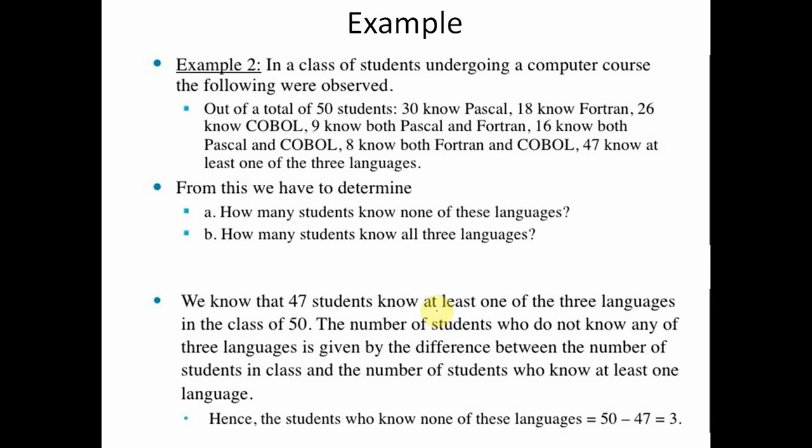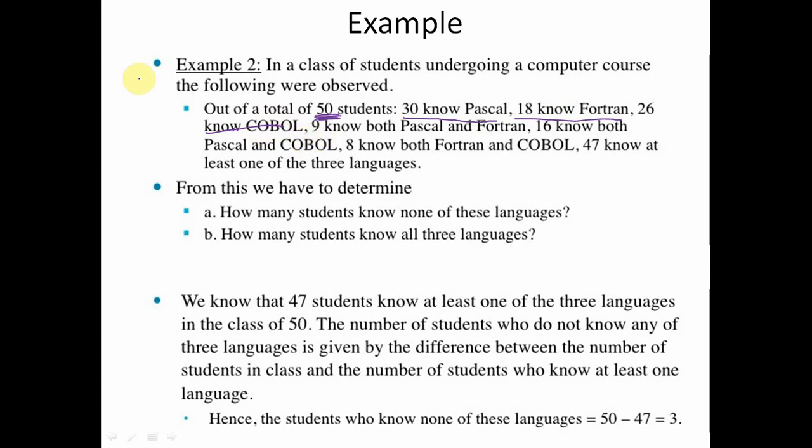See another example. Here I'll be using 3 sets. In a class of students undergoing a computer course, the following are observed. Out of a total of 50 students, 30 know Pascal, 18 know Fortran, and 26 know COBOL.